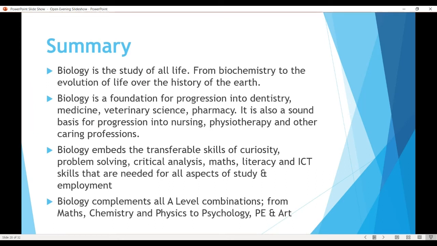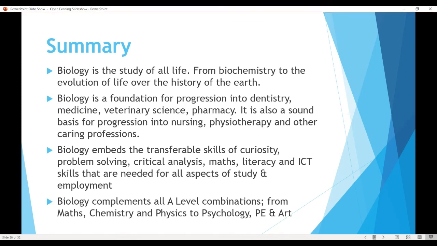It's an excellent foundation for progression onto many different medical and caring professions, from medicine, veterinary science, pharmacy, dentistry, as well as those such as nursing, physiotherapy, and other caring professions. There are also a number of other biotechnology fields to go into and environmental fields that all feed from biology.